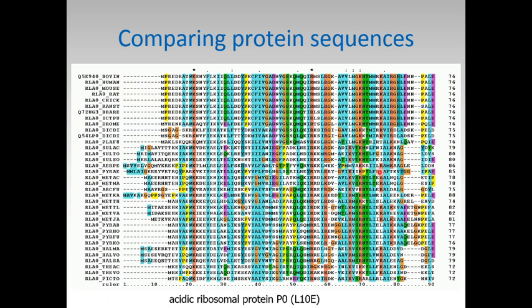However, it doesn't end there. So this is just one example of how you compare protein sequences. And as you can see, a classic example, K is conserved in almost all organisms shown in this slide. So these are conserved residues. Lysine is a conserved residue. That's what the terminology is.